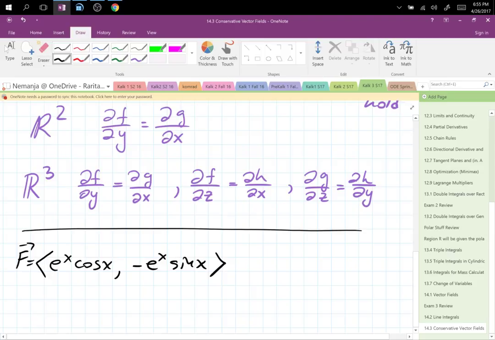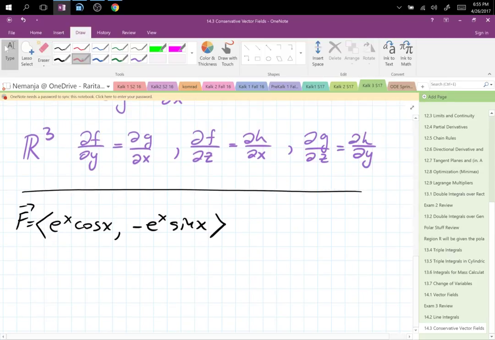Is this conservative? Well, here is your f, here is your g. Oh, wait, hold on. I really messed this up. Much better. So e to the x cosine y and negative e to the x sine y.